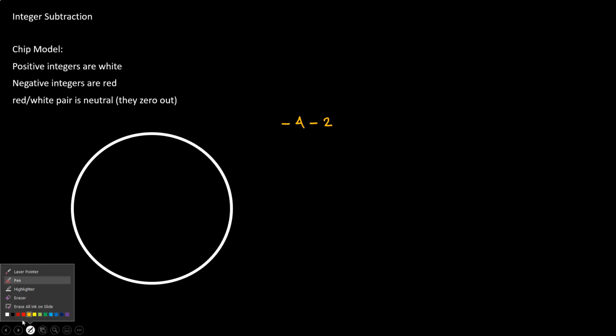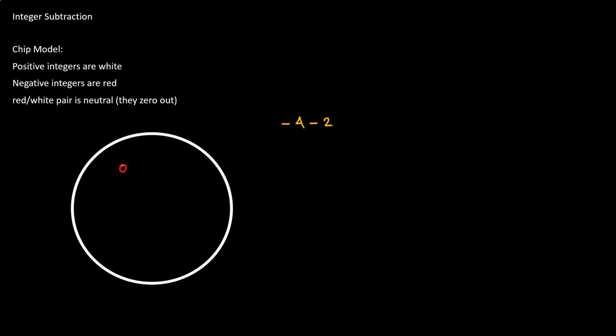Let's try another example. Let's do negative 4 plus 2. Oh, that's integer addition. Let's do subtraction. If I start off with my negative 4 representation, and it says minus 2, this is subtracting positive 2. So what I have written up here says to remove 2 positives.